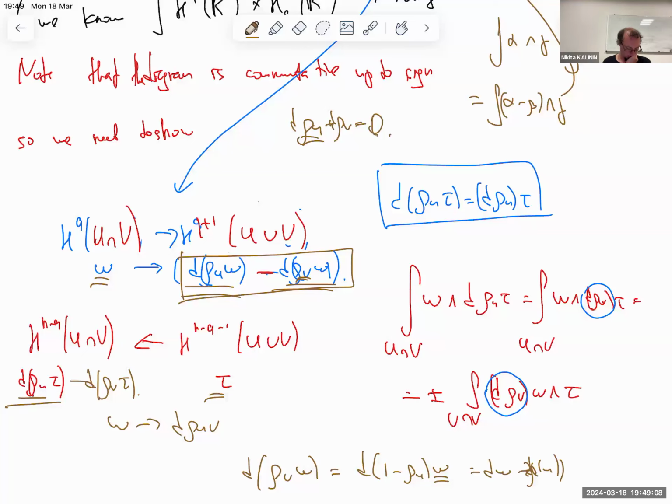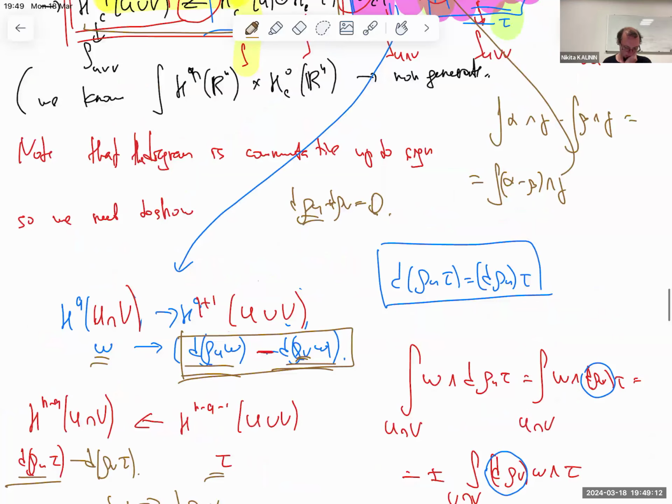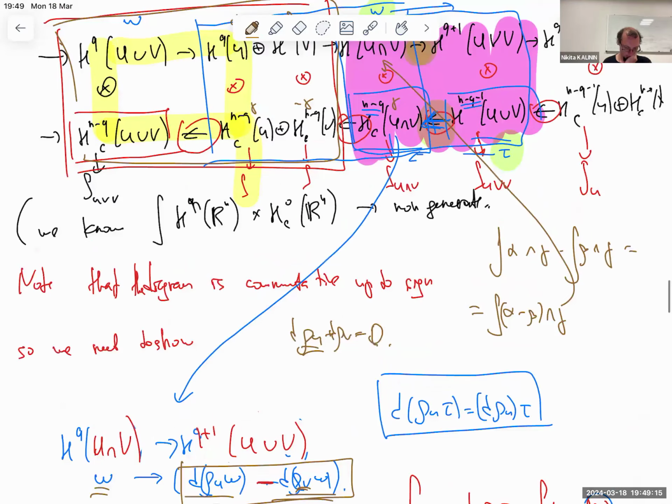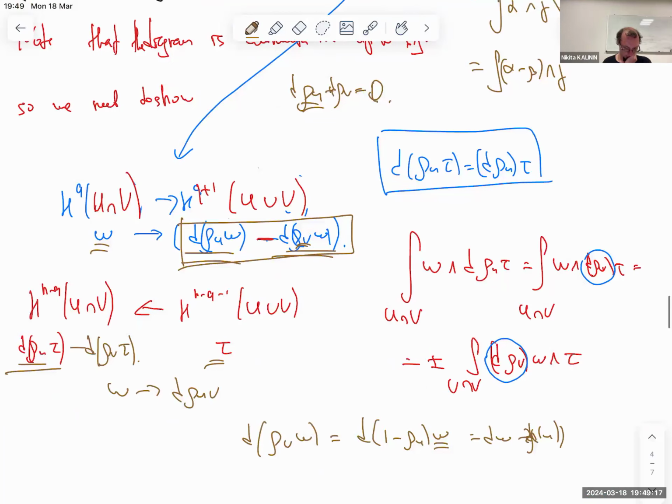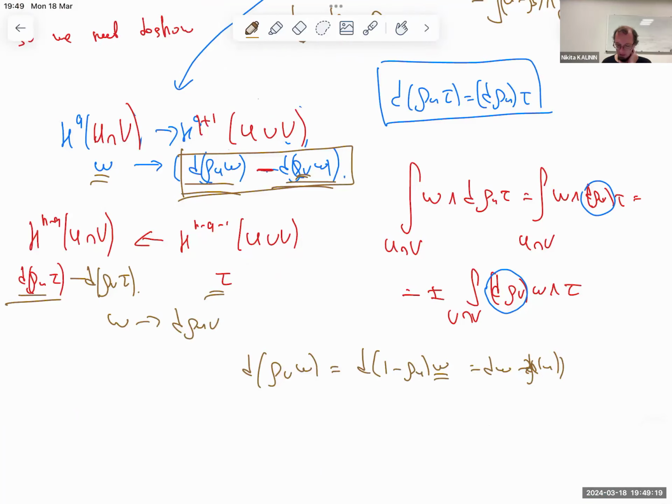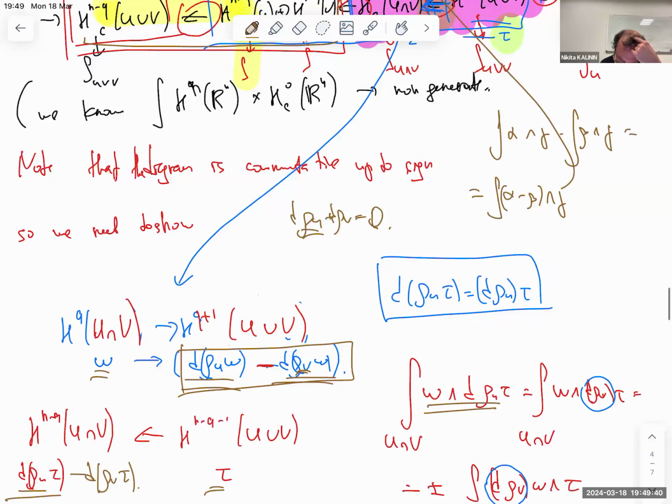Oh, it's fine. And so then instead of one summand, we have two summands like that, right? One with d rho u and another one with d rho v. Maybe I just got mistaken with all the maps.